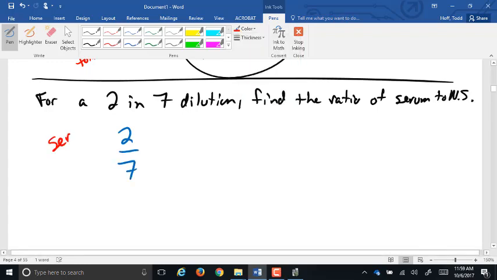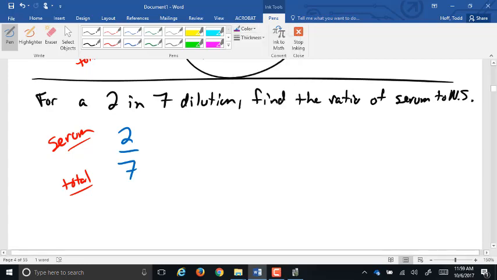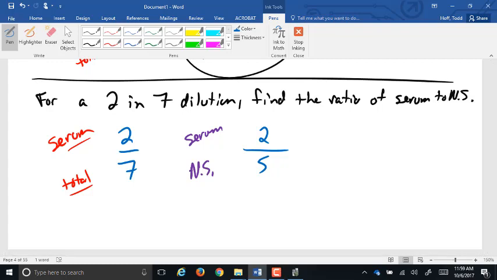The 2 represents the serum. 7 represents total. We want serum to NS, to saline. What's the top number going to be? The serum is going to stay 2. The saline will be 5. So it's a 2 to 5. Any questions so far?